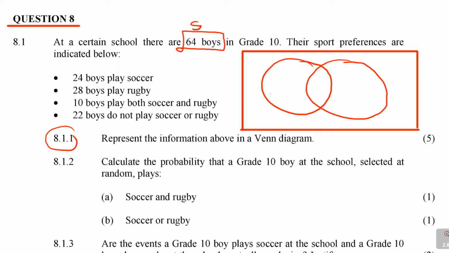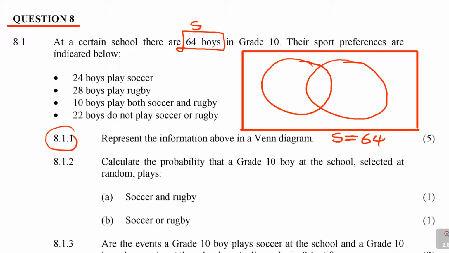Let's first understand what our S is. Remember, I told you S is the sample space, the total number of all the people in the group. In this case, it is the students in the group. So we have 64. S is the sample space, which is 64. We are looking at a total of 64 boys.